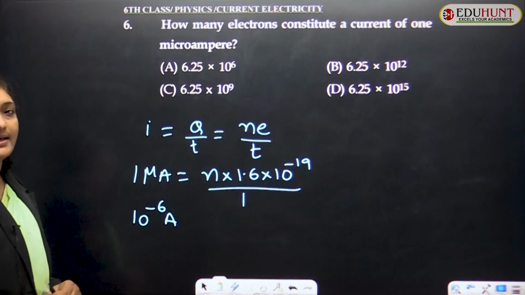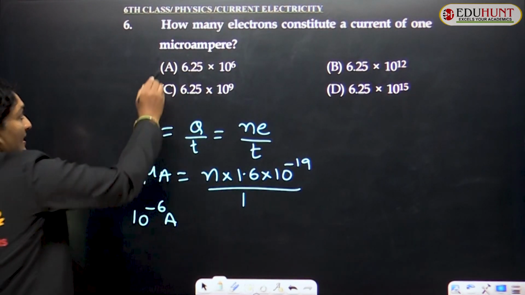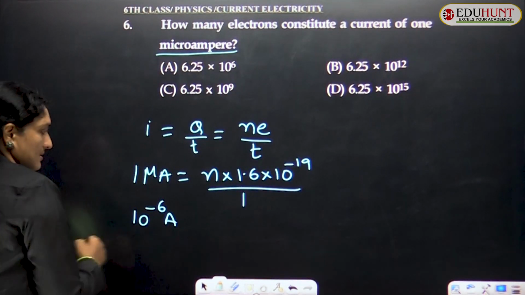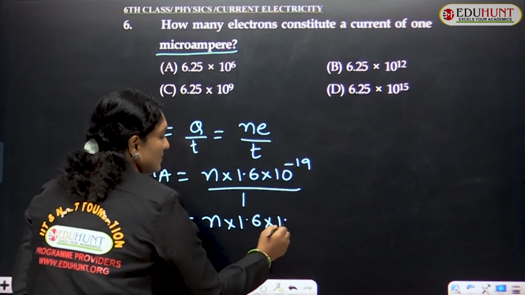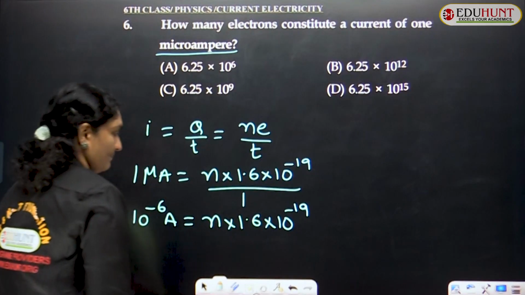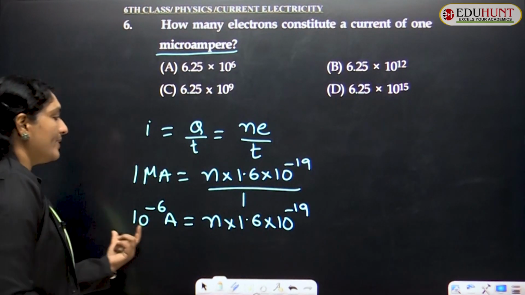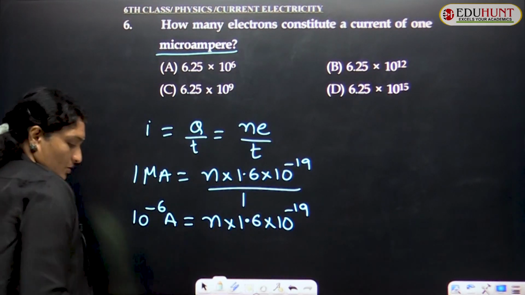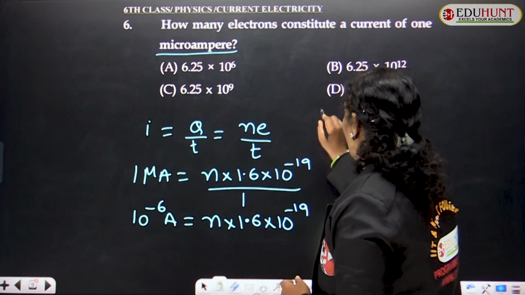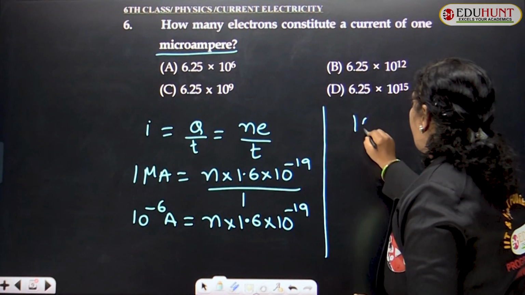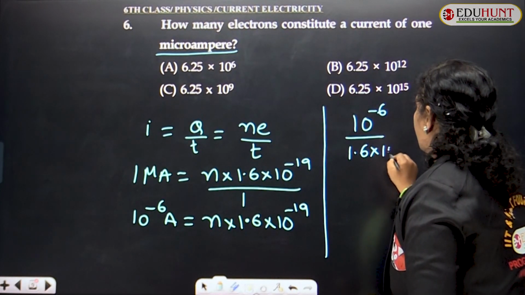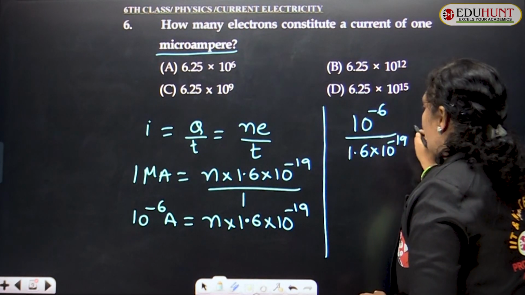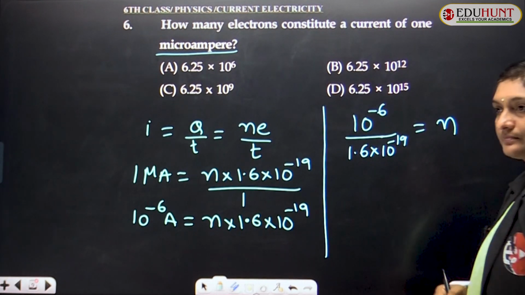If you convert into amperes, 1 micro is taken as 10 power minus 6 ampere, because they gave it as microamperes. So 10 power minus 6 equals n times 1.6 into 10 power minus 19. Let us bring this 1.6 into 10 power minus 19 to the left side. Then how much will it be, children? 10 power minus 6 upon 1.6 into 10 power minus 19 is equal to n.